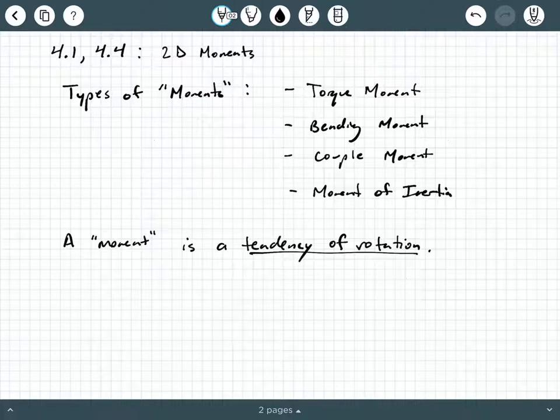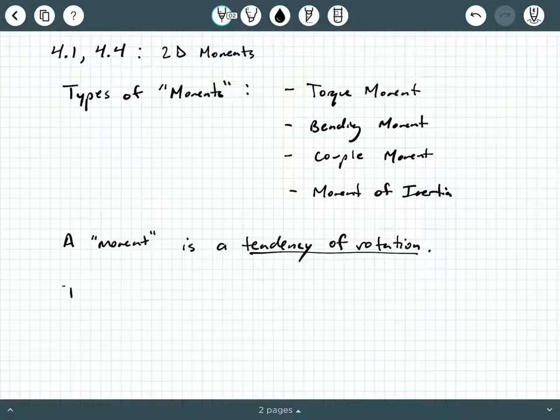And more specifically, that's when we would look into the specific definitions of a torque moment, a bending moment, a couple moment, or a moment of inertia. Again, we're going to talk about moment of inertia much later in the course. We're really just going to be talking about these three right now: torque, bending, and couple moments. So the question is, how do we handle these kinds of phenomena?